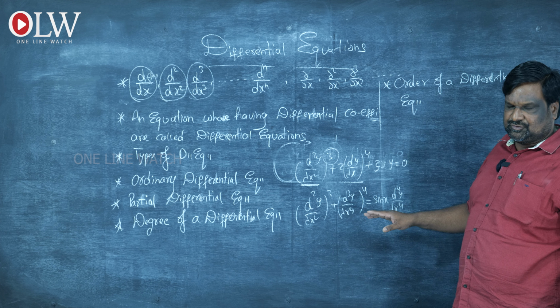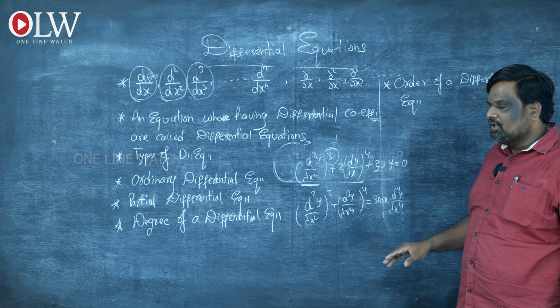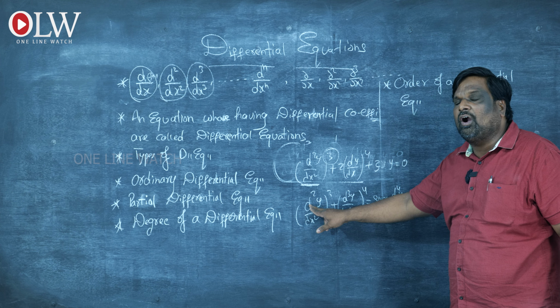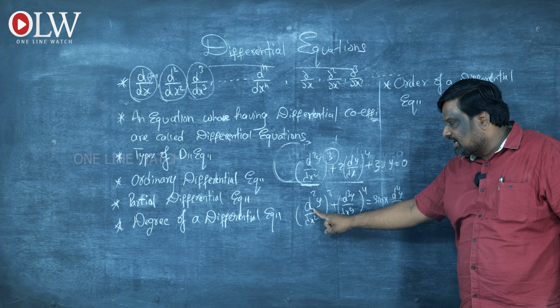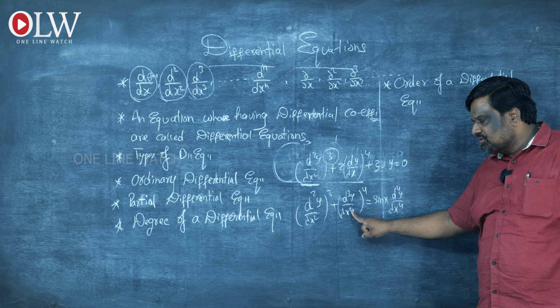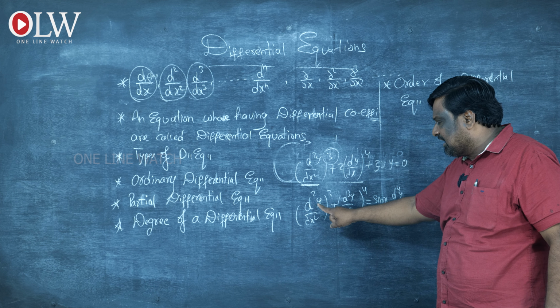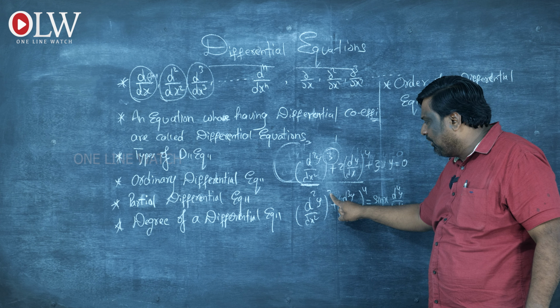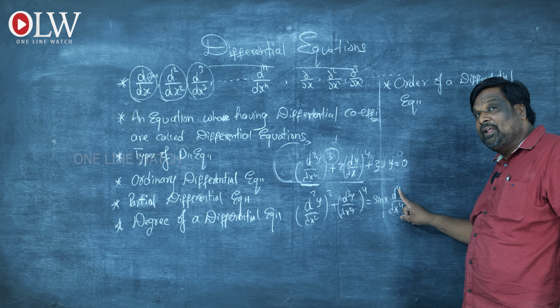As per our previous knowledge, this is a differential equation, and it is ordinary, because it has ordinary differential coefficients. Here we have a second order, a third order and a fourth order ordinary differential coefficient. The second order one has power 3 and the third order one has power 4, but the fourth order one has only power 1.